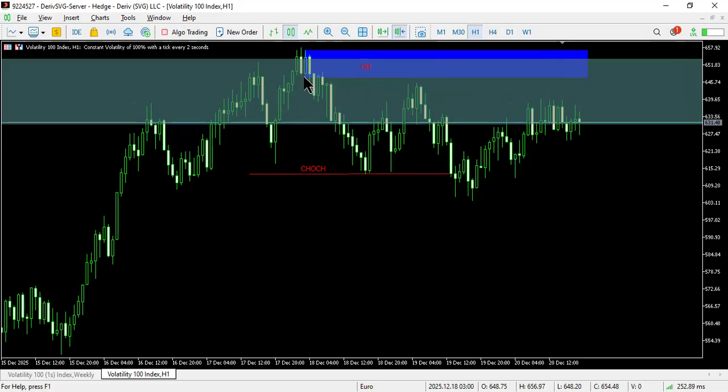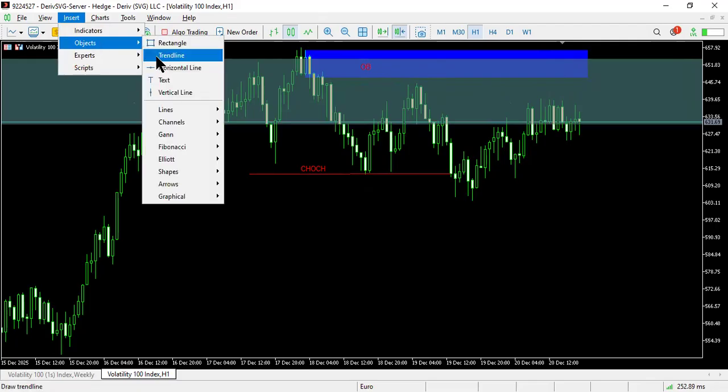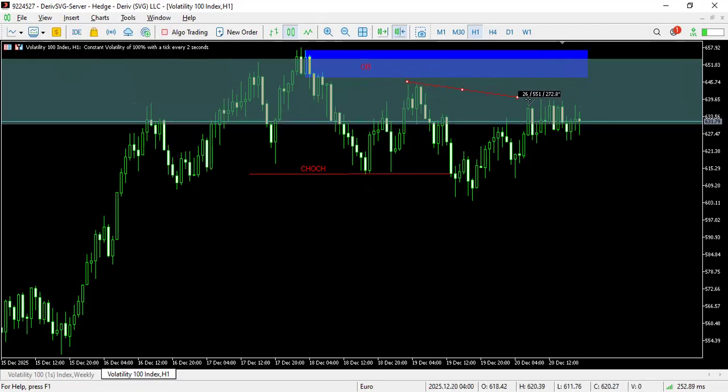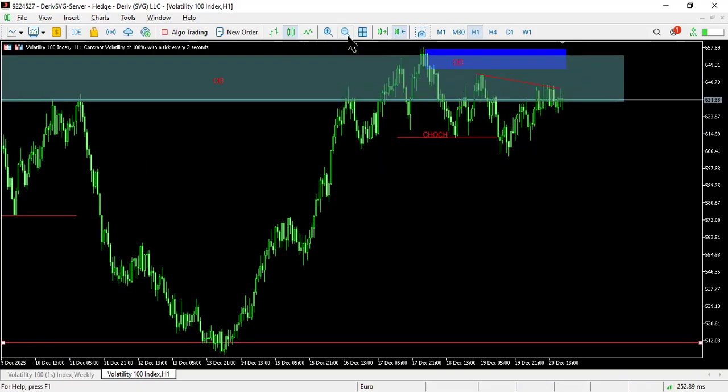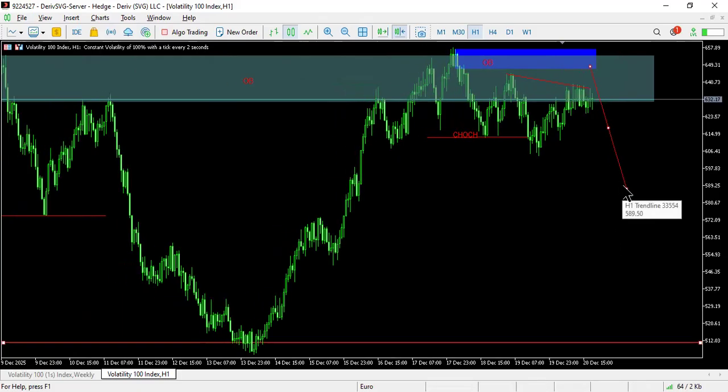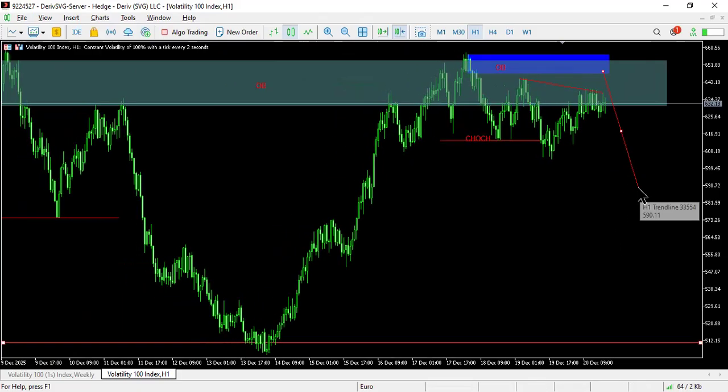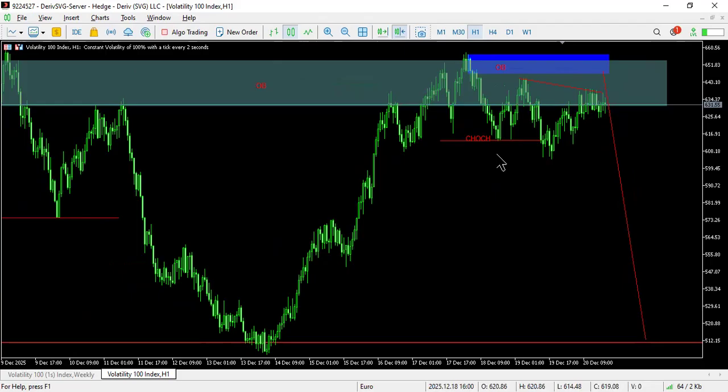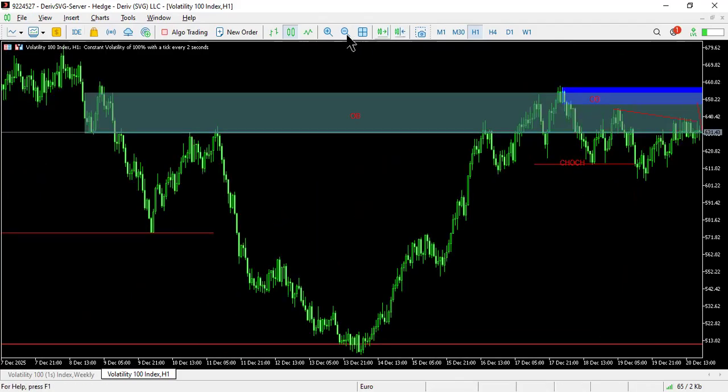And then we can expect a move down, and I'm seeing this as liquidity that price will sweep to go and tap into that order block, and then we can expect a move to the downside, like that. So this is the move I'll be expecting this week on volatility 100.